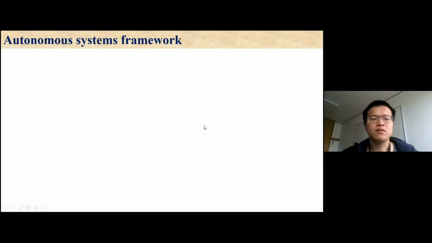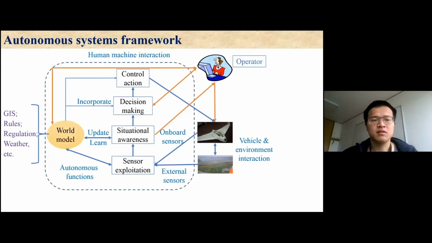I would like to first use one slide to give an overview of autonomous systems. The autonomous systems here are not fully autonomous, but rather systems that gradually rely less on human involvement.